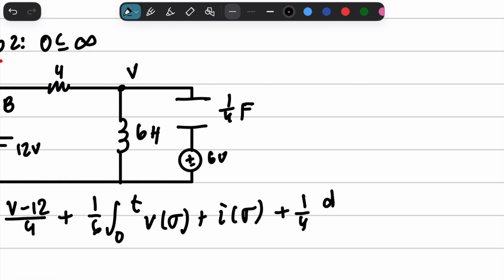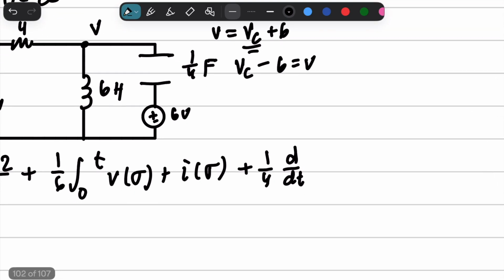And I'm going to write this in dt because to get to V, we're going to have to say VC plus 6. This VC right here, that's the thing that we're going to have to analyze with our differential equation. And so we're going to get V is equal to VC minus 6.